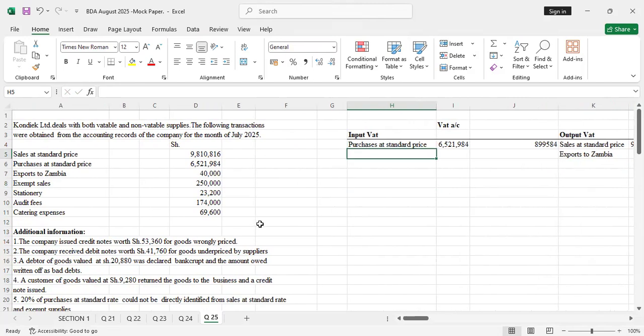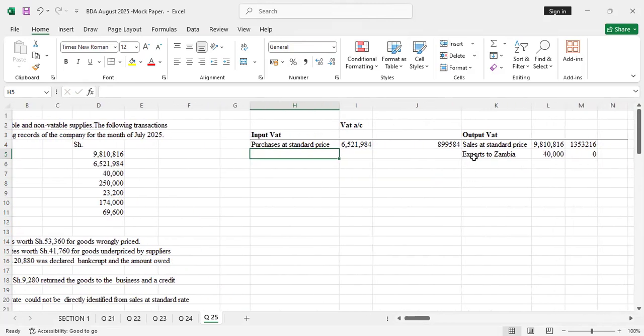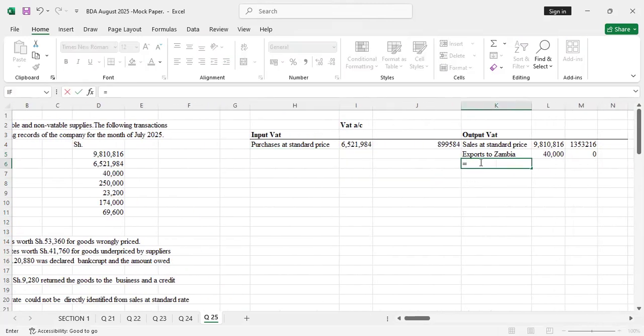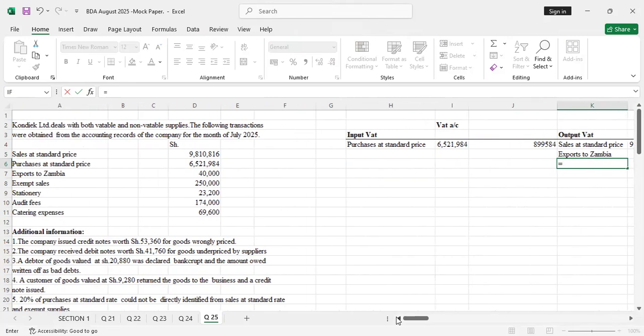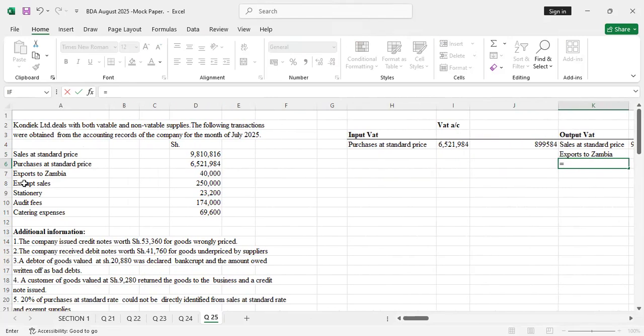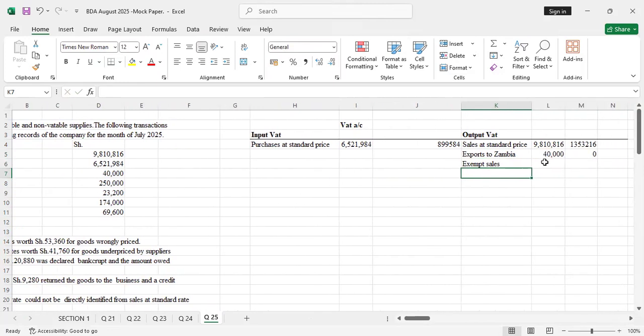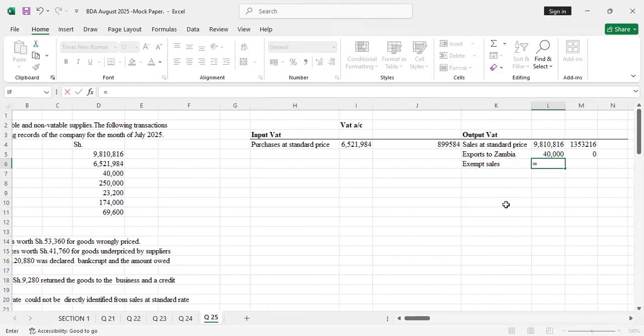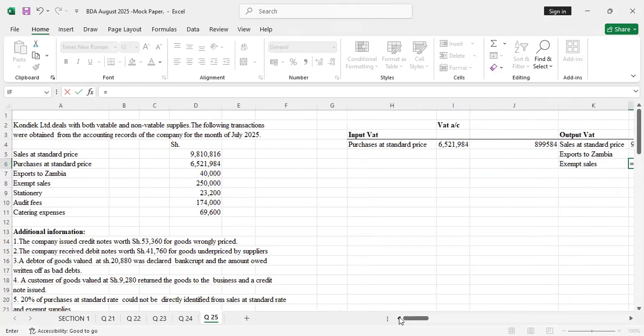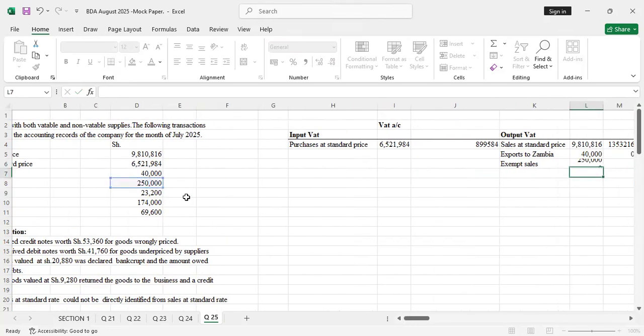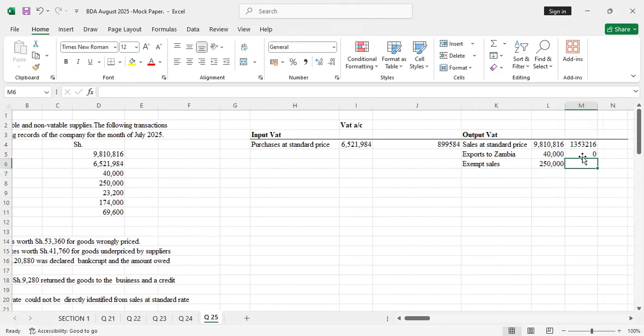Then we continue. We have exempt sales. That's an output VAT. So copy the details, exempt sales, and you have to indicate the amount. They are exempted, as the word states, from VAT. So there's no VAT charged on that. So you leave that blank.